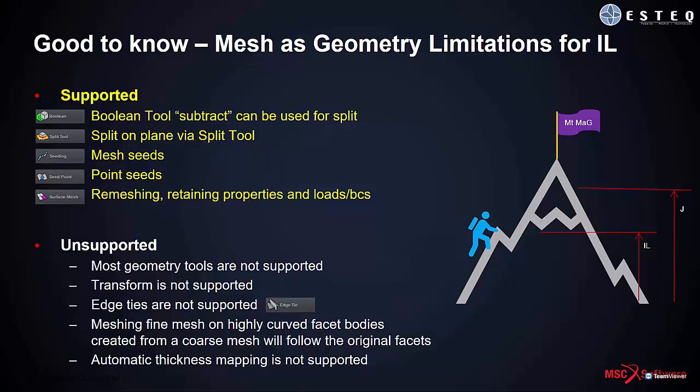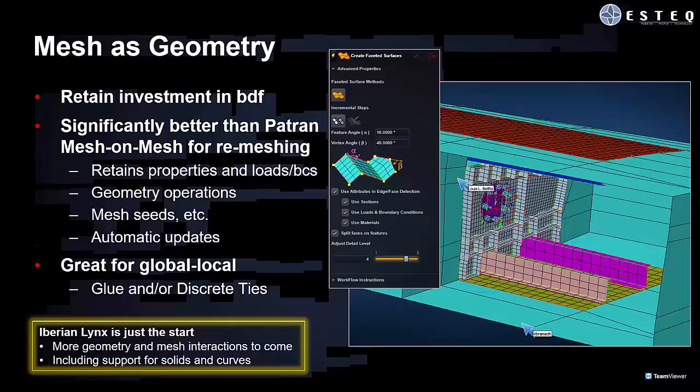Something like edge drag and vertex drag isn't yet supported on the faceted geometry, but those are some of the limitations that are only for this release, and some of them will be lifted in releases to come.